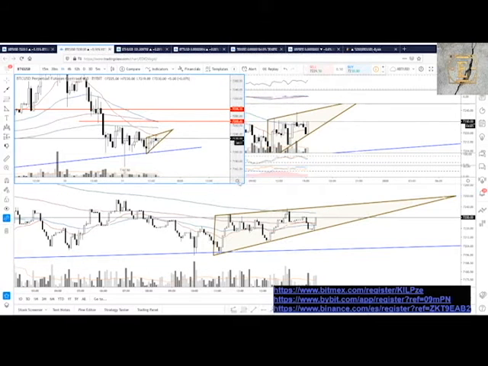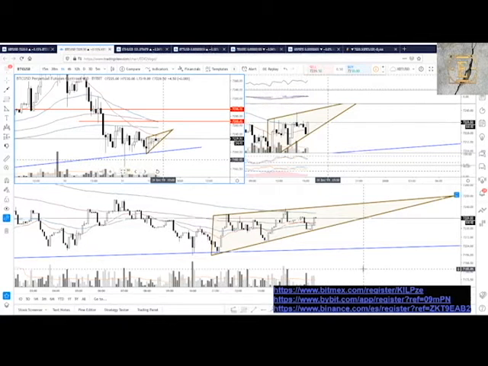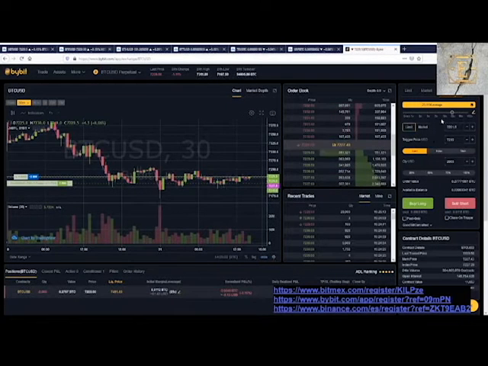So okay, it's okay. Maybe I could trade this one, but we will need higher leverage, and I don't recommend using more than 25. 25x is my limit.